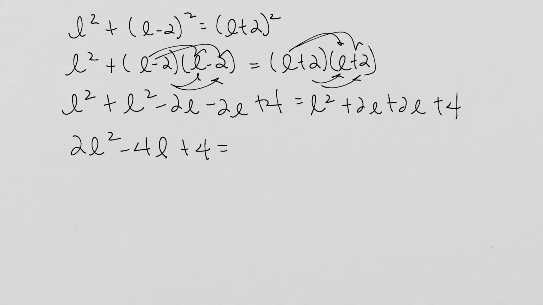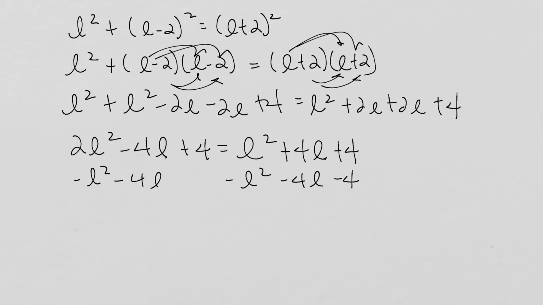Collecting like terms on the right, I have L squared plus 4L plus 4. And I'm going to subtract everything that's on the right and move it over to the left. So that's minus L squared minus 4L minus 4. This is going to allow me to set everything equal to 0.